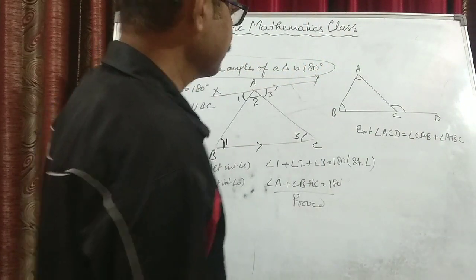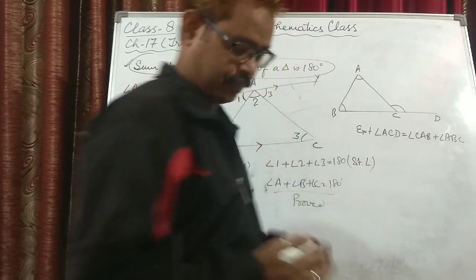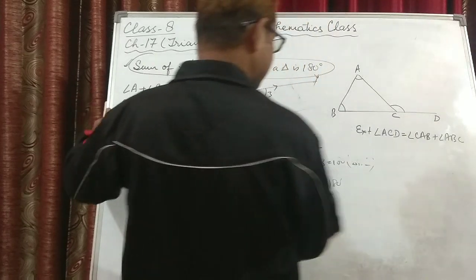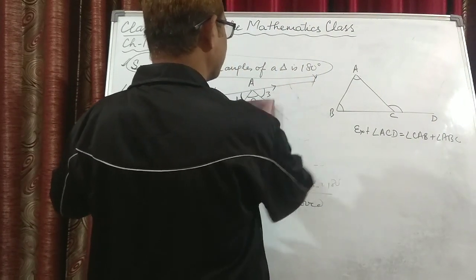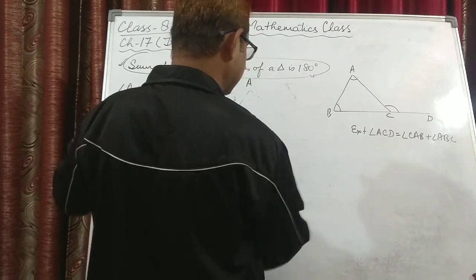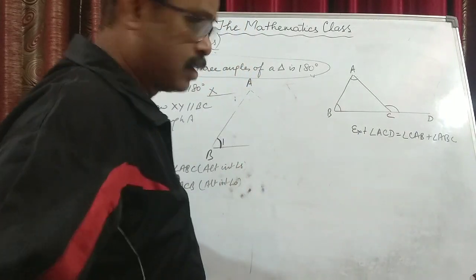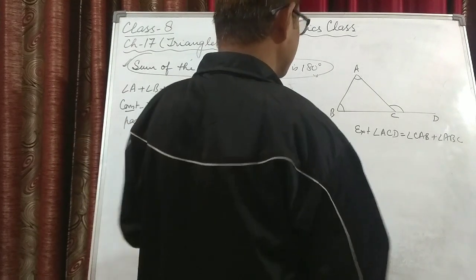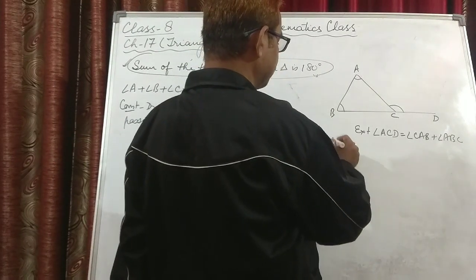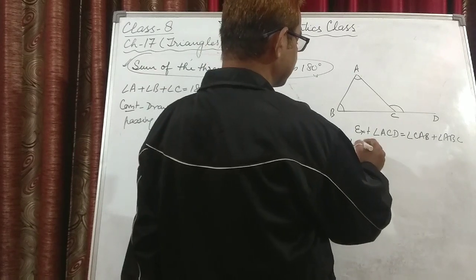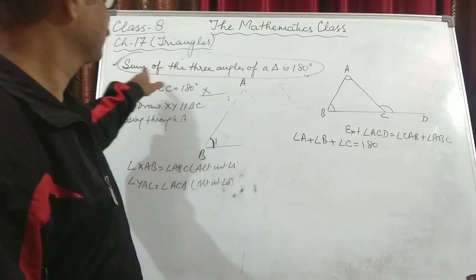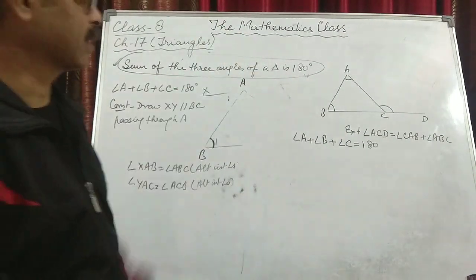So how we can say, we know that the sum of all the interior angles of a triangle is 180 degree. Just now we have studied that. So we can say angle A plus angle B plus angle C is equal to 180 degree with the help of this previous theorem, the sum of all the three angles of a triangle.